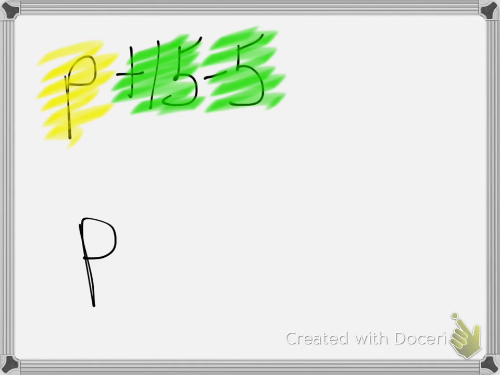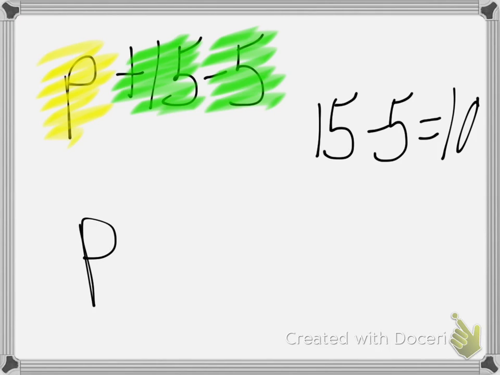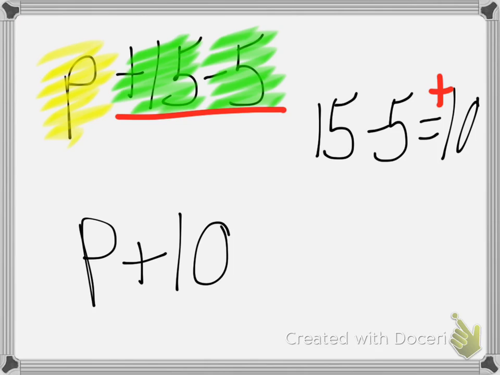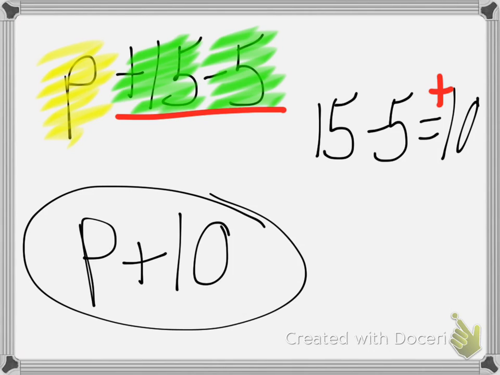They can be combined. So 15 minus 5 equals 10. This is a positive 10, so my answer will be P plus 10. So essentially all I did was simplify that right there, but that still gives me my simplified answer.